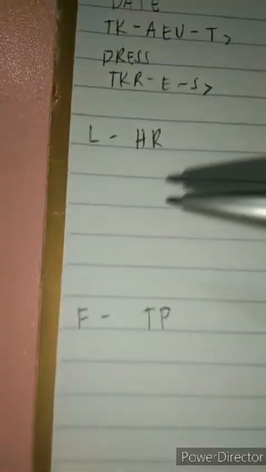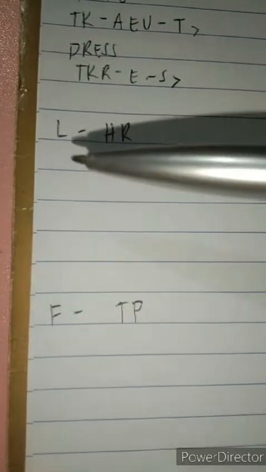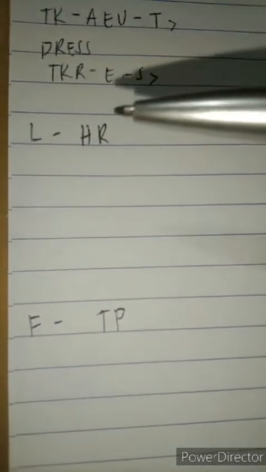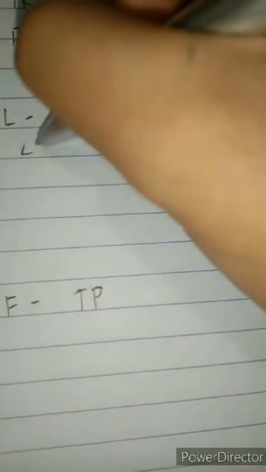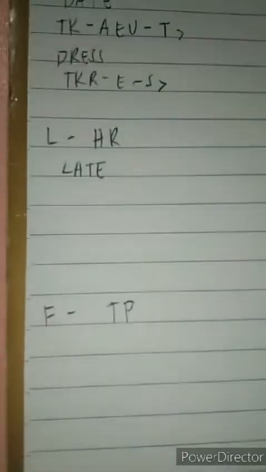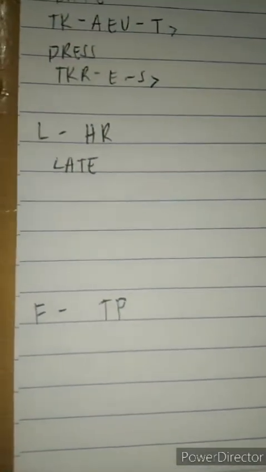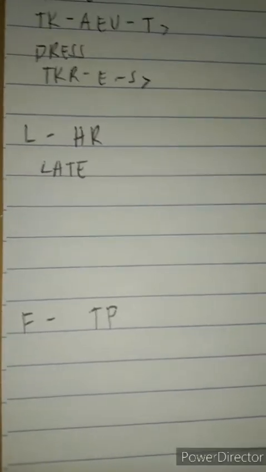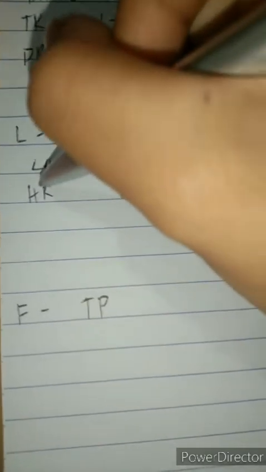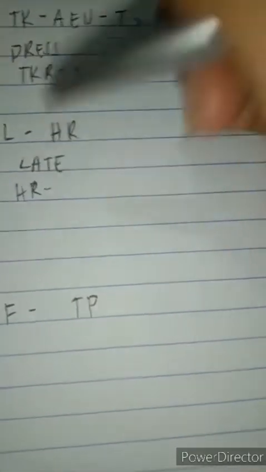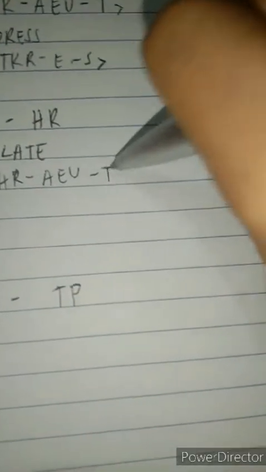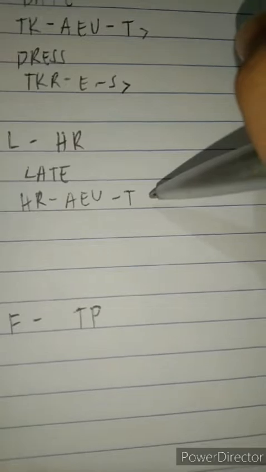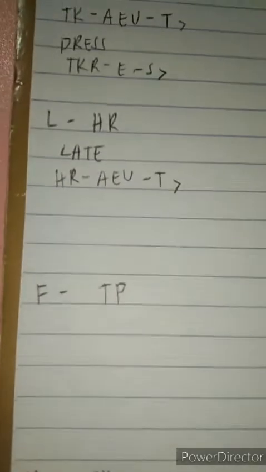So, next, we proceed to L. L is represented by H and R. So, example, the word late. This is how we write the letter L. HR, and then long A again, AEU, and then T, ending sound T. And then release.